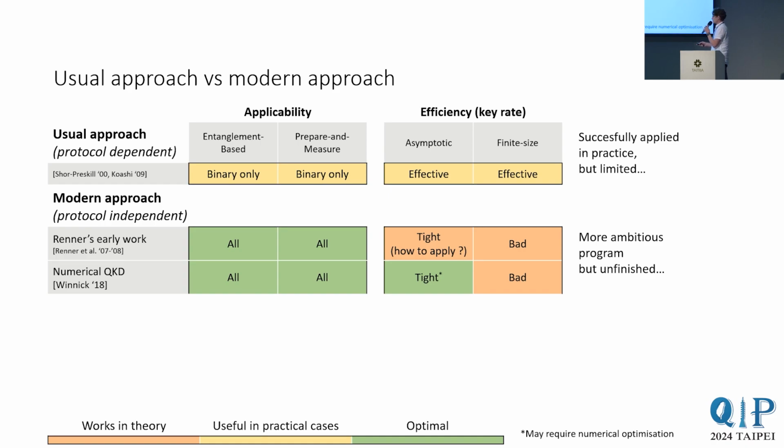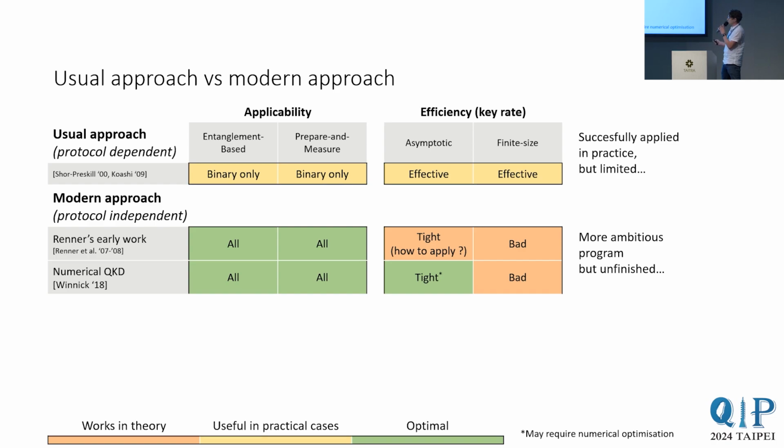This is called numerical QKD, where the idea is to use ideas from convex optimization to compute this key rate for different protocols. So if we combine these two methods, we have a method to compute tight asymptotic key rates for arbitrary protocols.